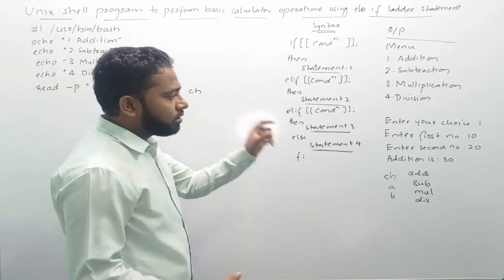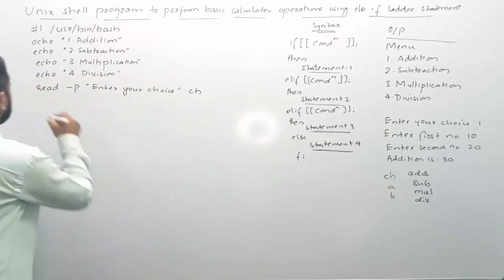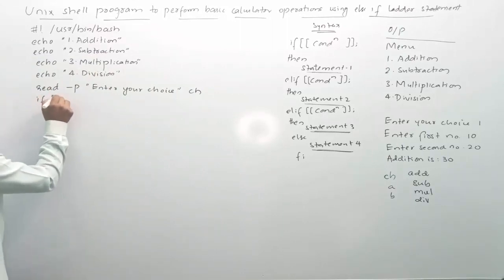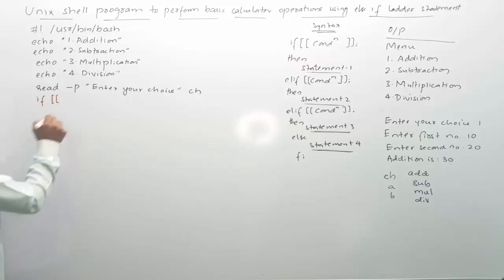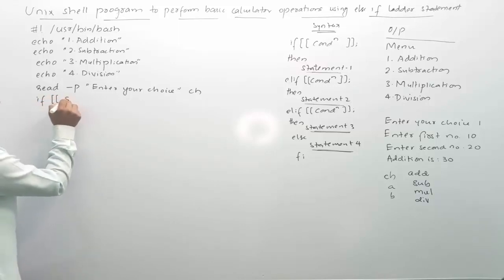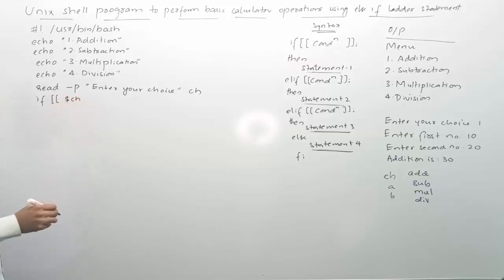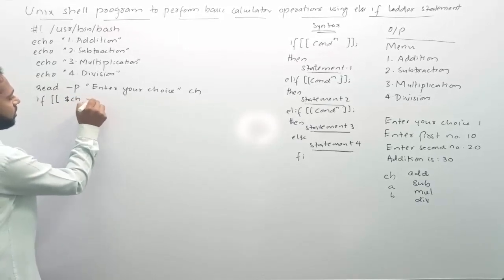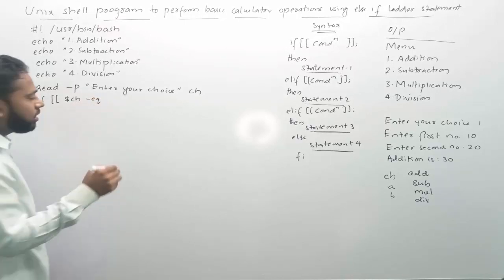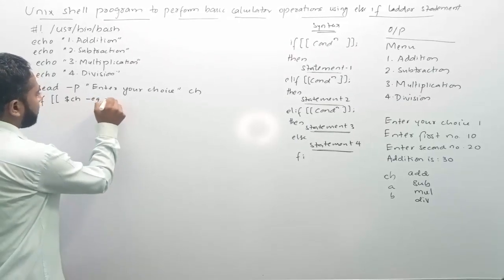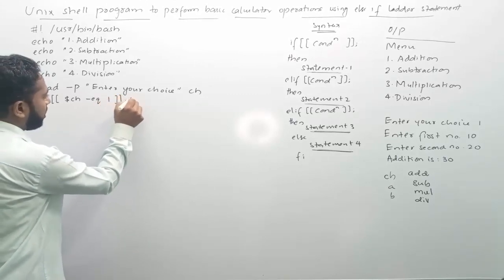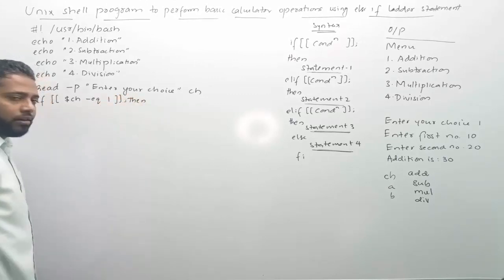Next I should start the if condition. If, then space, open square brackets, then space $ch space is equal to operator, 1, these two brackets closed, semicolon, then.